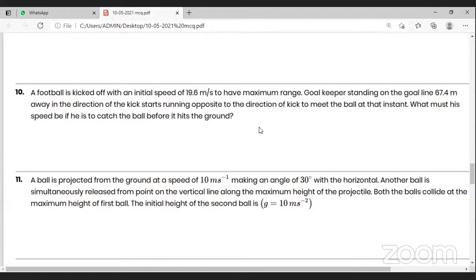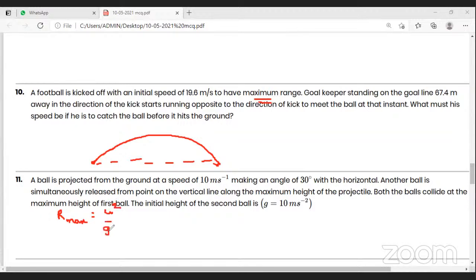Okay, see this. For example, this is the point where the football is kicked. Of course, to have a maximum range, what is the angle of projection? 45 degrees. So then it will fall somewhere here. Now, what is the formula for maximum range? General formula is u square sin 2 theta by g.